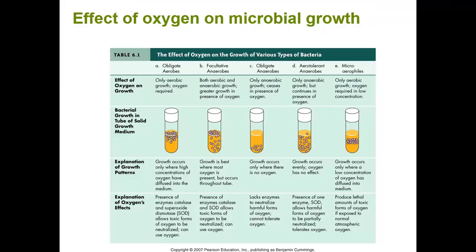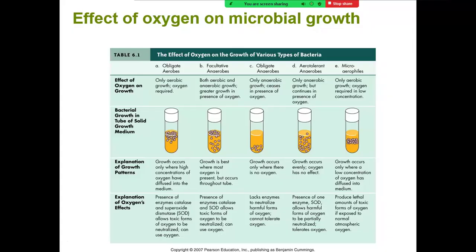So an aerotolerant anaerobe can grow everywhere in the tube. And it will grow everywhere the same because it doesn't need or use oxygen, but it does have the enzymes it needs to remove the toxic forms so they don't kill the bacteria.